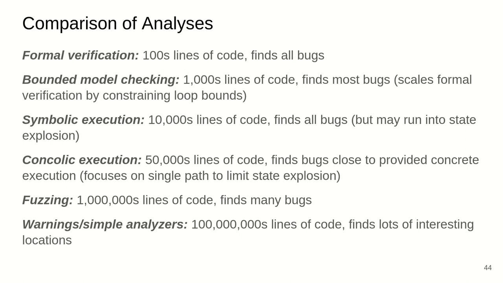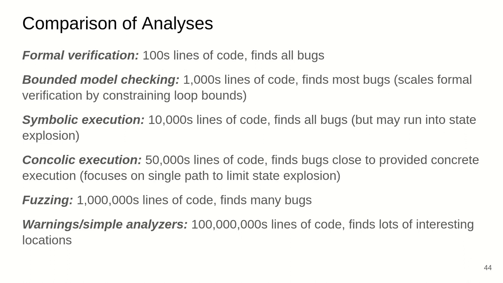But running to completion is kind of hard. Concolic execution then scales symbolic execution even further, to 50,000 lines of code, and finds bugs close to the provided concrete execution, thereby using some form of context to abstract complex execution, but cannot reason about the whole program, about all paths. So it already gives up completeness.